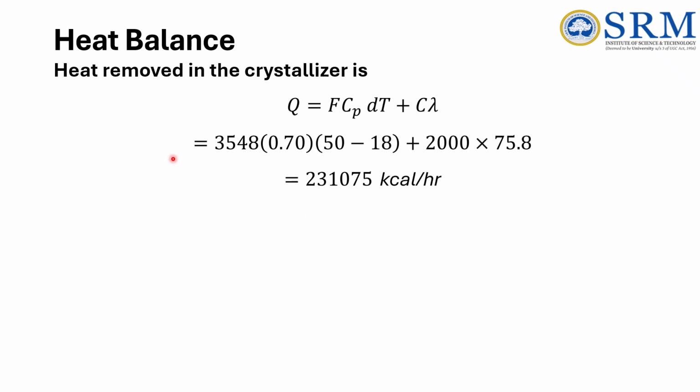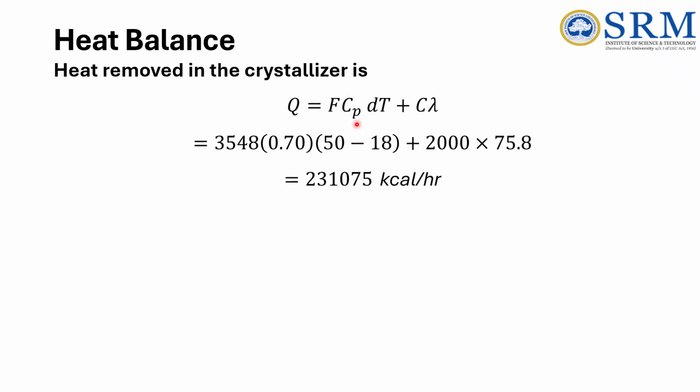So moving to the heat balance, it's also known as energy balance. So how much input energy is given to the crystallizer is equal to what is required to raise the sensible heat and also the latent heat. So here it has two parts. One is mCp delta T, the other one is m into lambda. Fine. So you know F from the previous material balance step. So substitute for Cp, which is given.